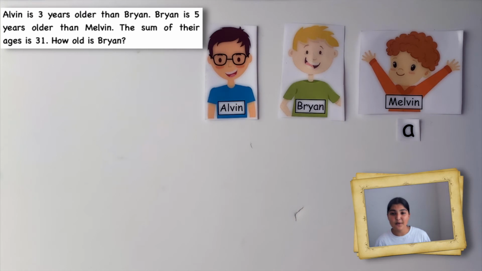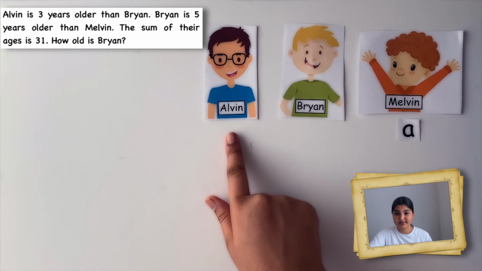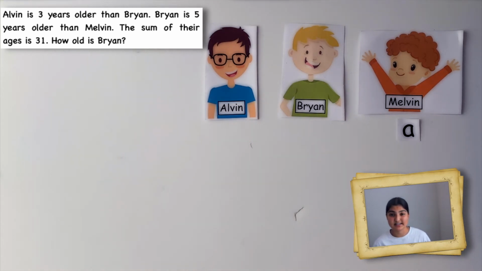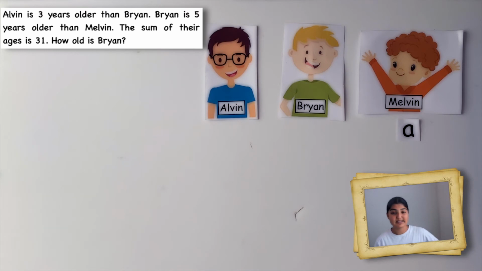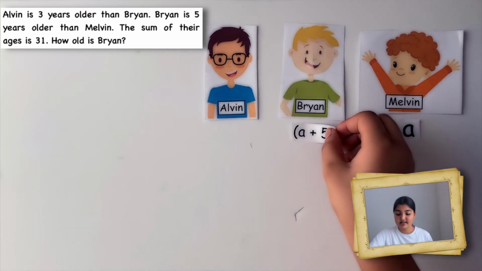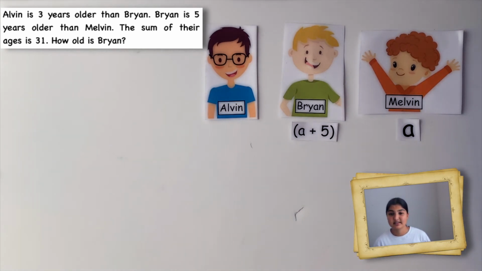Well, then how old are Bryan and Alvin? The problem tells us that Bryan is 5 years older than Melvin. And we know Melvin is A years old. So, Bryan must be A plus 5 years old. Now, what about Alvin?